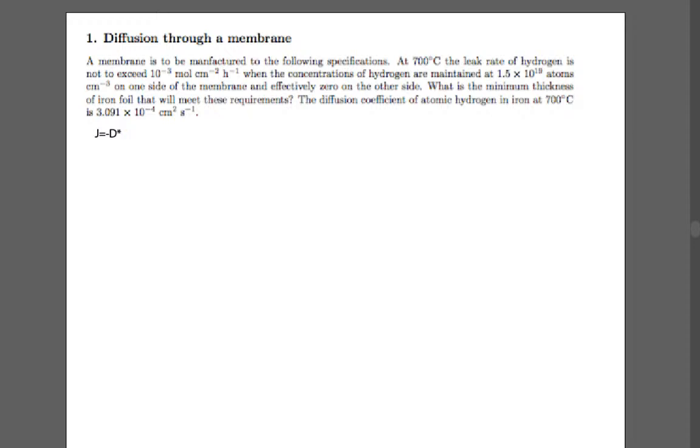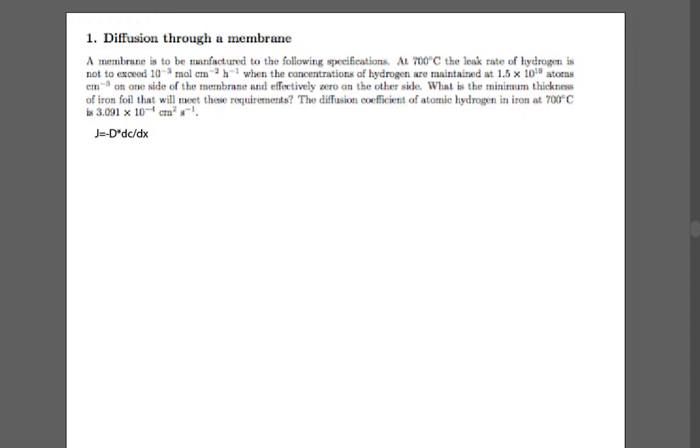Is it the change of concentration? Let's see. Okay, diffusion, there we go. Here are the laws. It is the change of C over the change of X, where C here is concentration. So we can just do that.